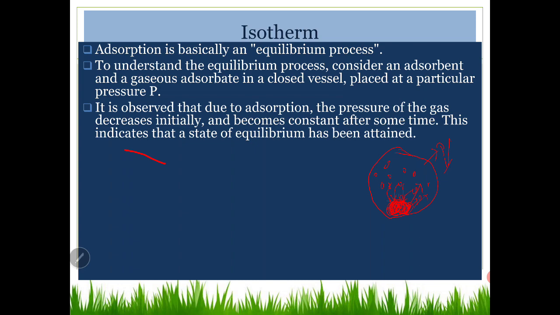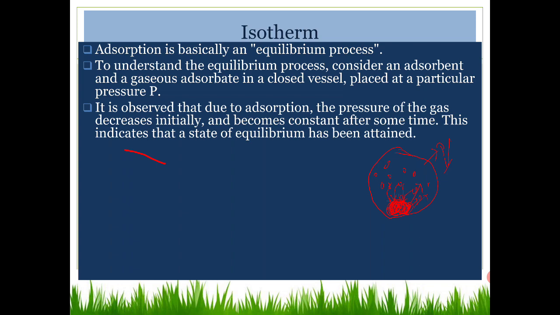We have considered a closed container which contains an adsorbent and gaseous adsorbate molecules. The gaseous molecules will be getting adsorbed on the adsorbent, so the pressure will keep on decreasing and becomes constant after some time.